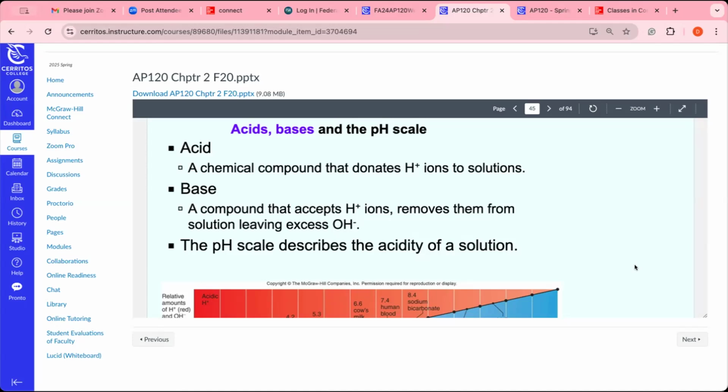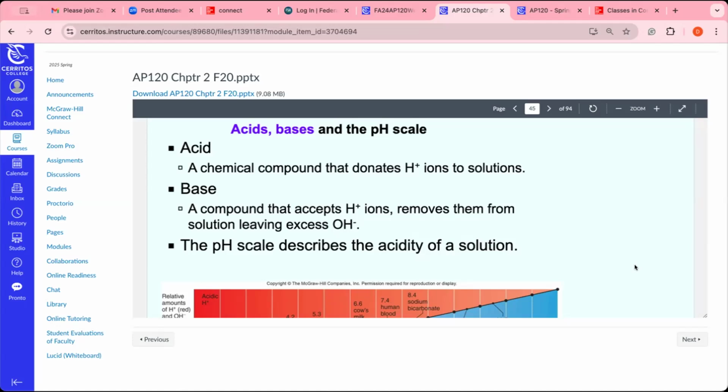A base is a compound that accepts hydrogen ions, removes them from solution, and leaves behind excess. This is OH. You can read that as OH minus, but the word for this is hydroxide when you read it.